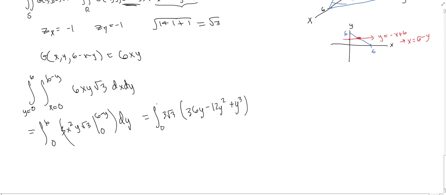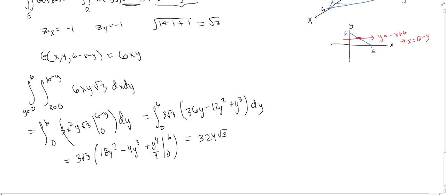Then we'll integrate one more time, with respect to y this time. And then we get 3 square root 3 times 18y squared minus 4y cubed plus y to the 4th over 4, evaluated from 0 to 6. And once you do that and plug in and simplify, you're going to get the final answer, 324 square root 3. That's the value of our surface integral.